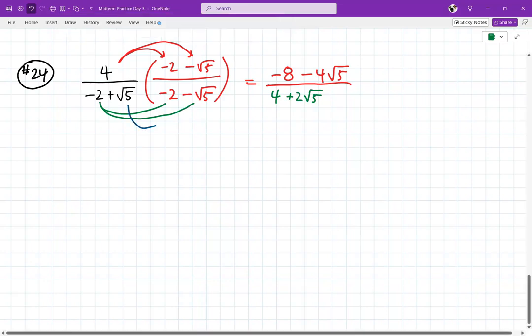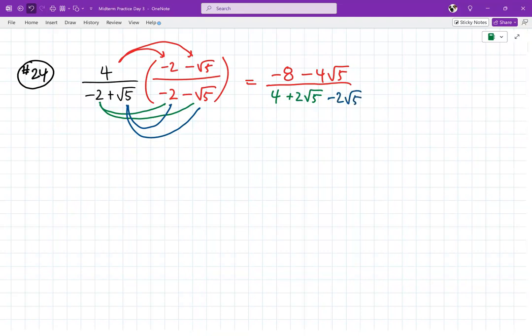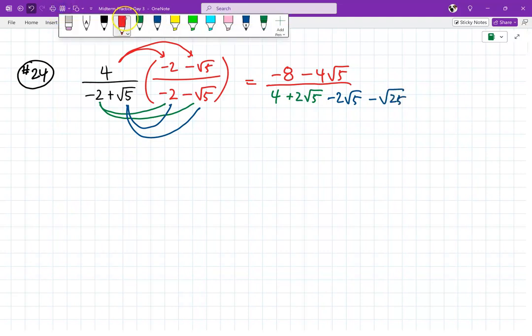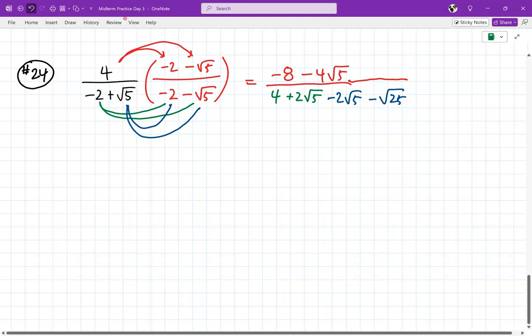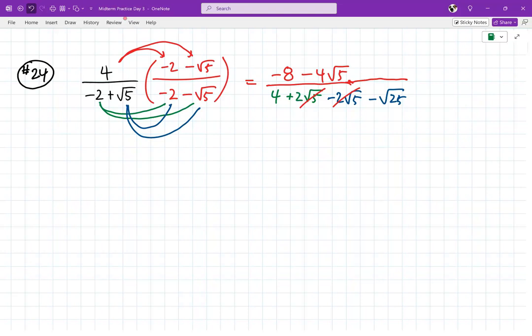And then radical 5 times -2 and radical 5 times negative radical 5 is going to give me a -2 radical 5 and a negative radical 25. How do I know if I did this right? Yeah, the middles cancel. Now I made sure, don't just blindly cancel them out and be like, it's supposed to cancel. Make sure they do, because if they don't, then that means you did the multiplication wrong.